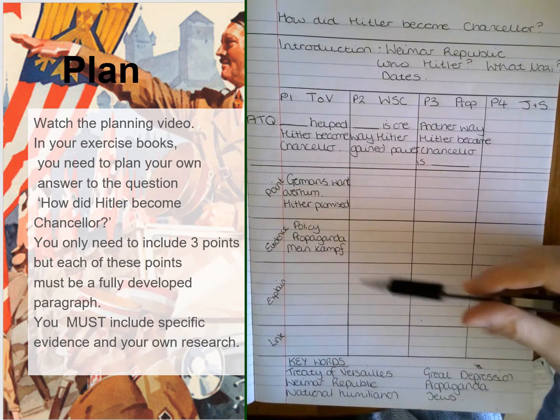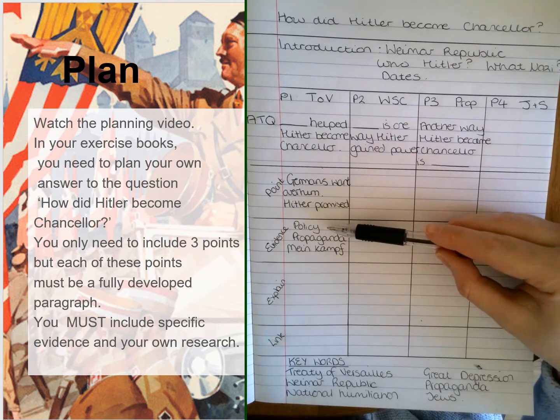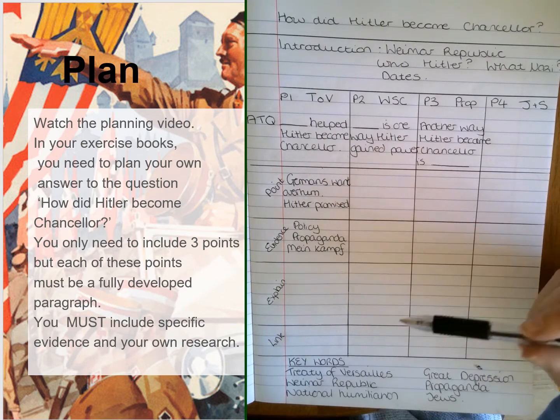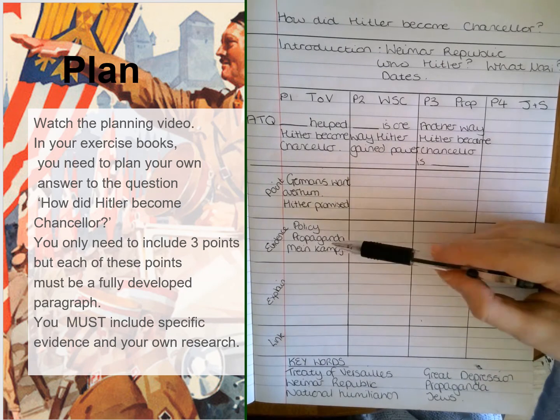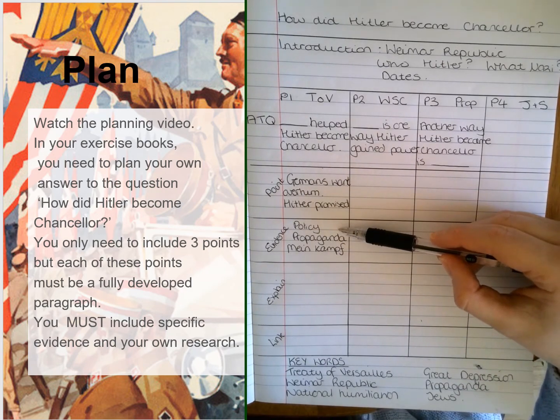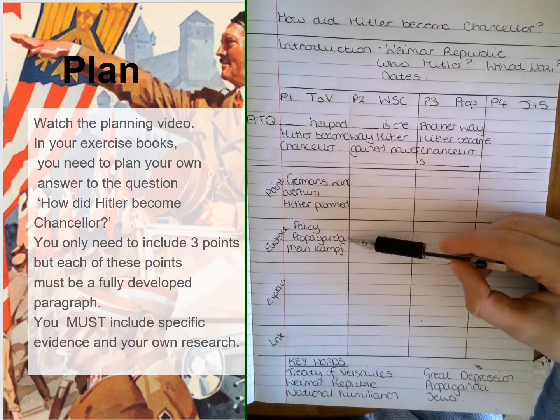Now, in my actual essay, I will not simply write evidence is Nazi policy or evidence is Nazi propaganda. You need to give specific pieces of evidence. So if you're saying it's a Nazi policy, you need to find the Nazi policy and show it as evidence in the essay. If you're saying it's a particular piece of propaganda, you need to tell me where you got that from.